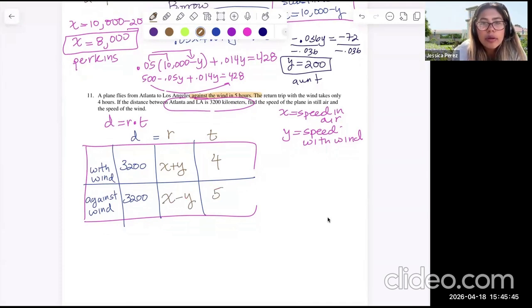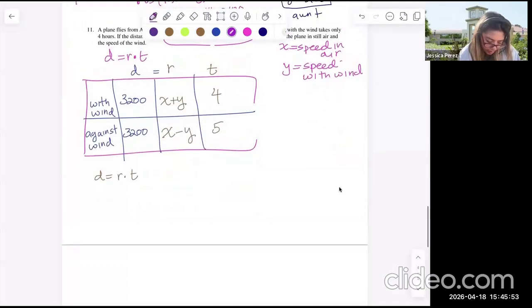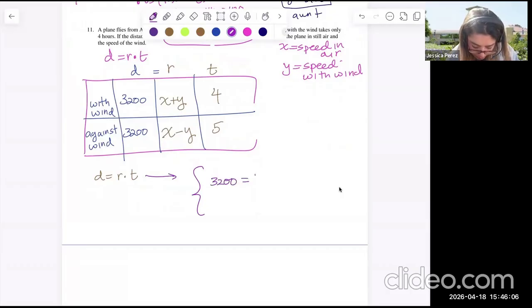Now, when you are creating rate times time, so you have d equals rate times time for both, you have two equations to recognize. The distance is the same, 3,200 equals rate times time. It's going to be equal to 4 times x plus y.